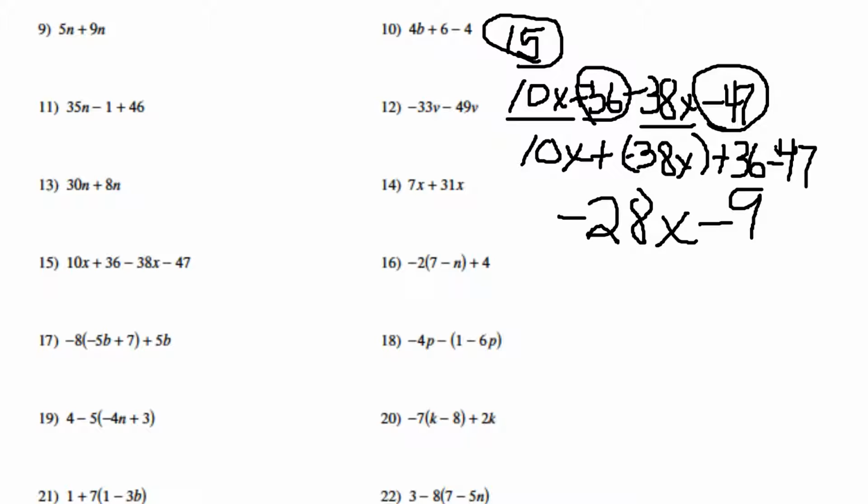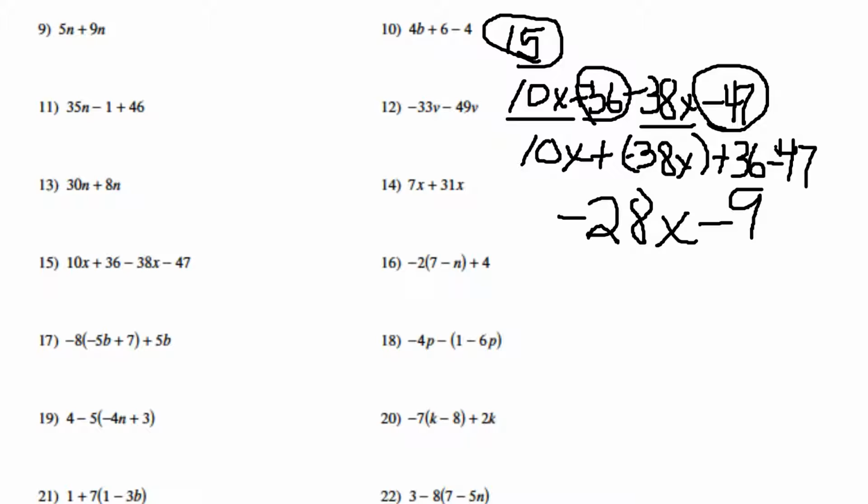Alright, so now can I go any further with my expression? Negative 28x minus 9. Don't believe I can go any further because this negative 9 does not have that variable x on the end. If he did, I could absolutely simplify it even further.